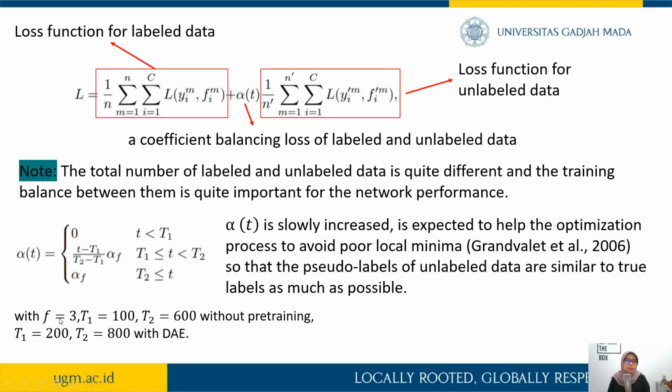In his work, Lee set the value of alpha_t based on the epoch, where t is the iteration or the epoch, and t1 and t2 are certain points in the epoch. He set different values for t1 and t2 without pre-training and with pre-training, because he also used a denoising autoencoder in his work.